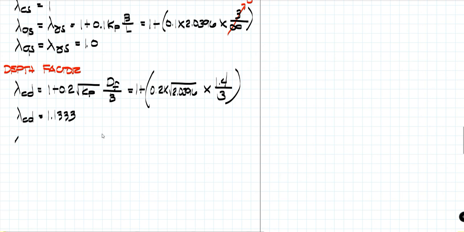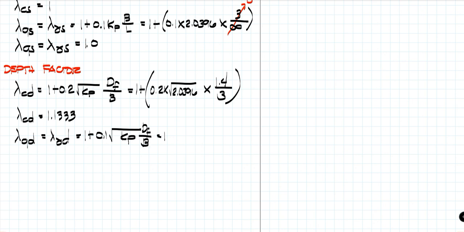Now, we have to compute for lambda QD and the lambda gamma D. So, for this value, we have 1 plus 0.1 square root ng Kp, that is df over B. So, that will be equivalent to 1 plus 0.1 times square root ng 2.0396 times 1.4 over 3.